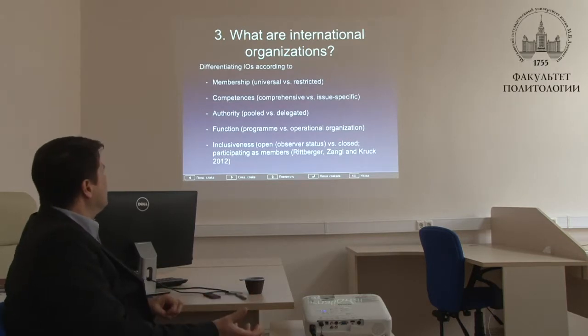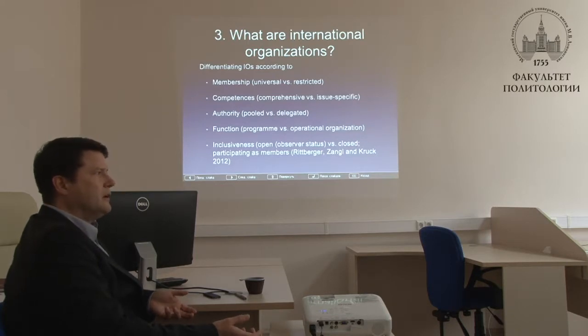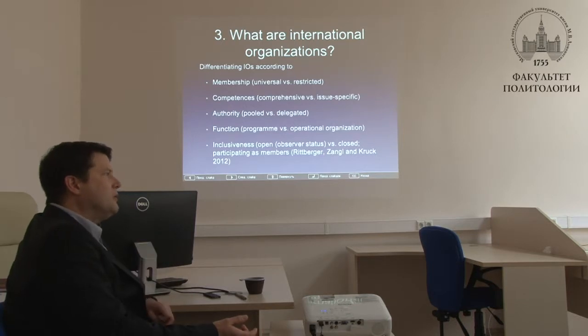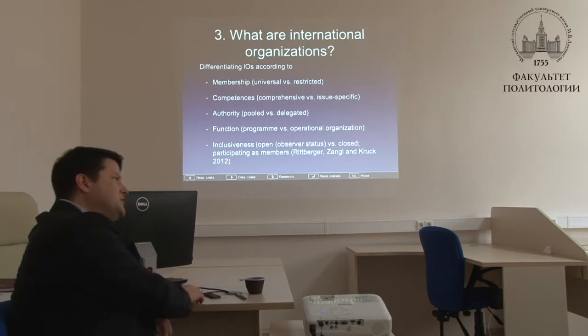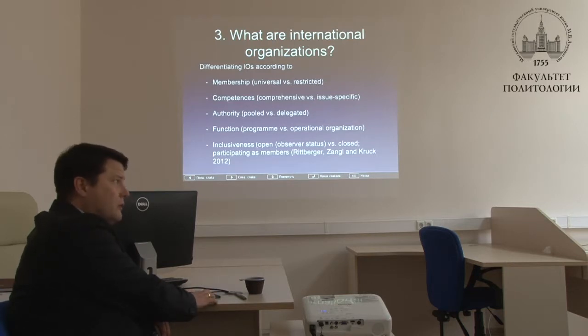The second is the competences. The competences can be comprehensive or issue-specific. As you can imagine, most international organizations have just an issue-specific competence. So, for example, WTO can only deal with trade issues, but usually cannot deal with environmental issues or human rights issues or whatever.